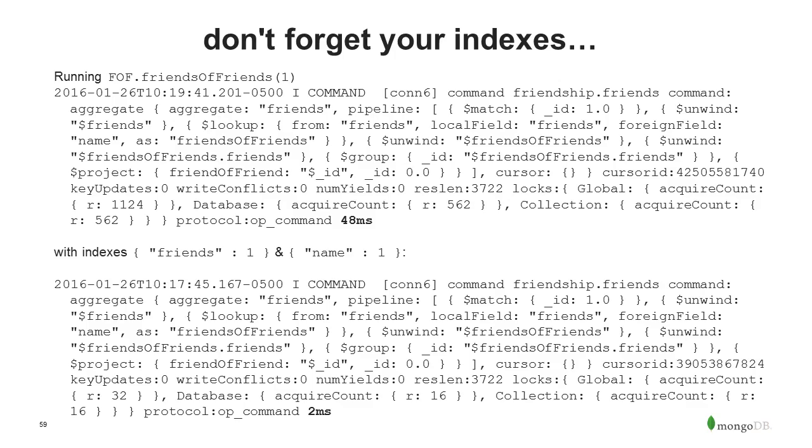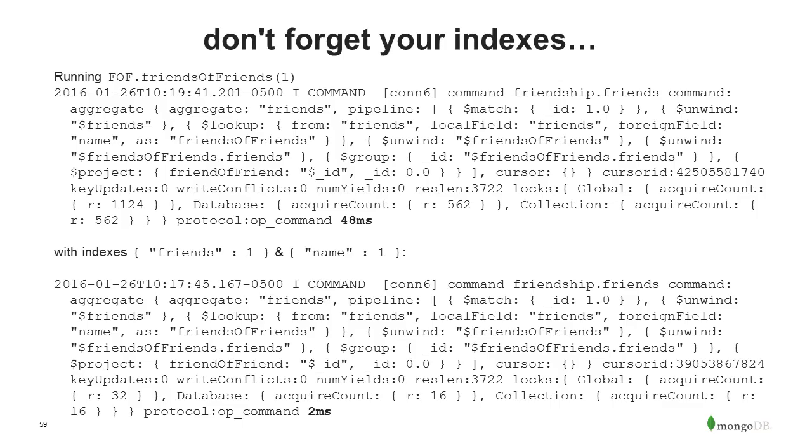And actually, I have a slide that shows why indexes matter. The slides will be available so you can look at the details of that. But here's an example of running that aggregation to find friends of friends without indexes, taking 48 milliseconds. Here I am just grabbing output from the MongoDB log. I did db.setProfilingLevel(0, -1) to make the slow milliseconds threshold -1, so everything will go to the log. 48 milliseconds without indexes.